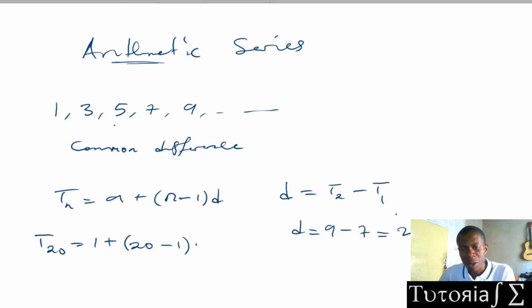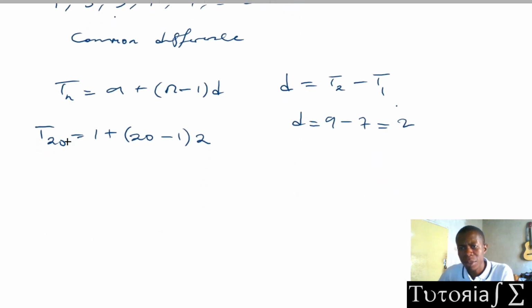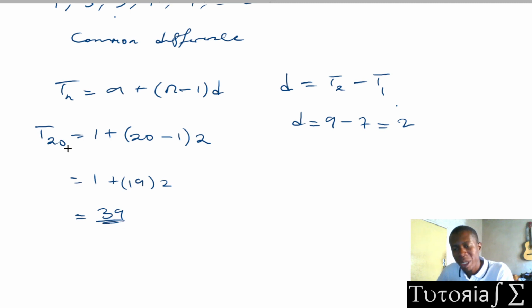That is the common difference, times 2. Then we simplify: 1 plus 20 minus 1, that would be 19 times 2. When we add everything, we have 39. So the 20th term will be 39.